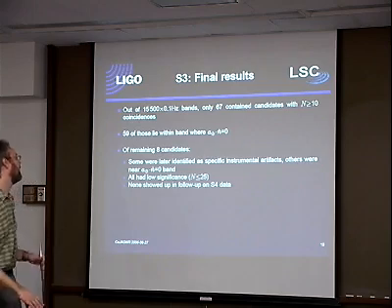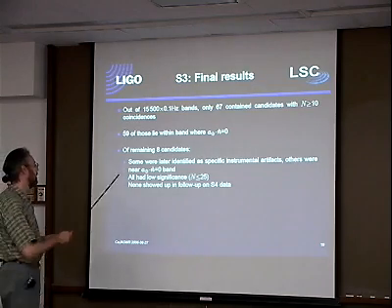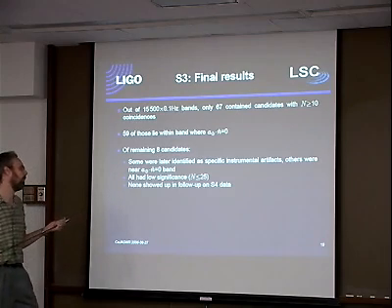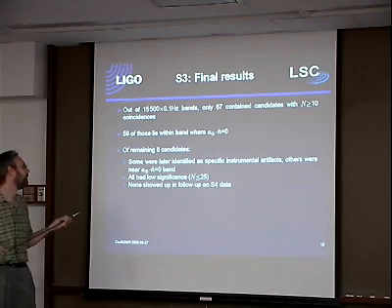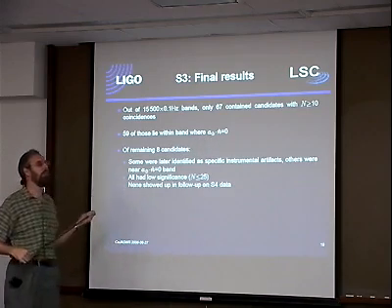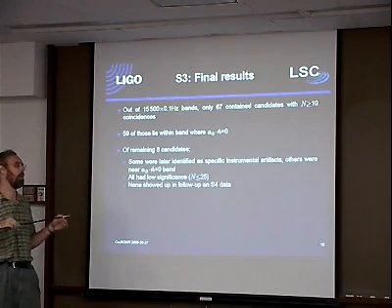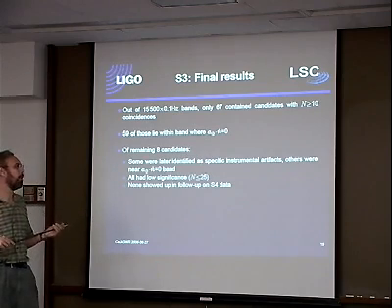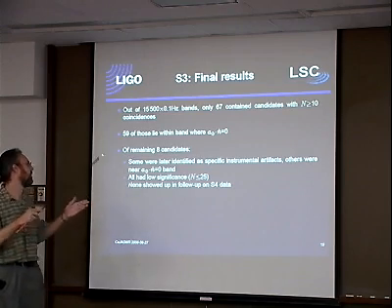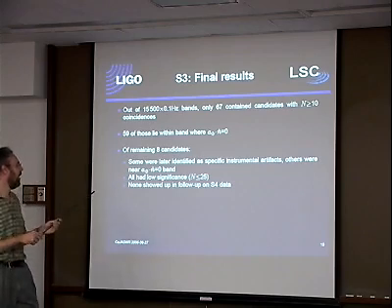Of the remaining 8 candidates, some were later identified as specific instrumental artifacts that were on for short periods of time. Others, while not necessarily in this particular band, were sufficiently near it that we thought they're likely to be things in that band that had gotten scattered or smeared out of it.